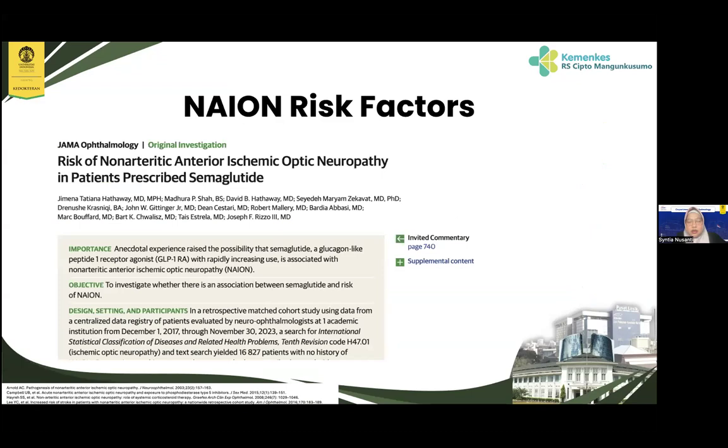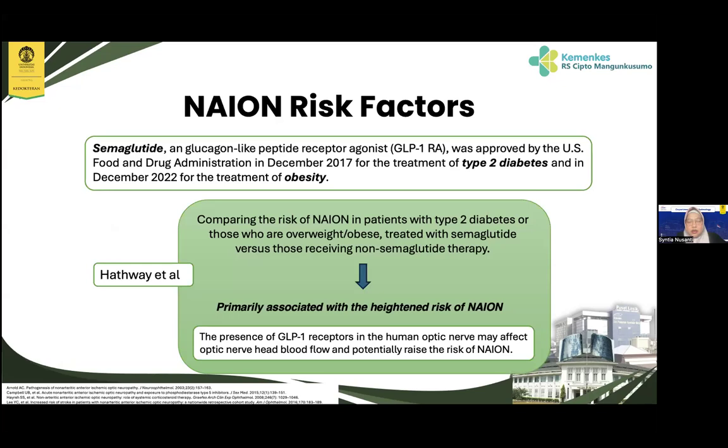And this is the one that James talked about before, the risk of non-arteritic anterior ischemic optic neuropathy in patients prescribed semaglutide. Even though we don't really know the relationship between these two, this raises a question because the use of semaglutide right now is very widespread.